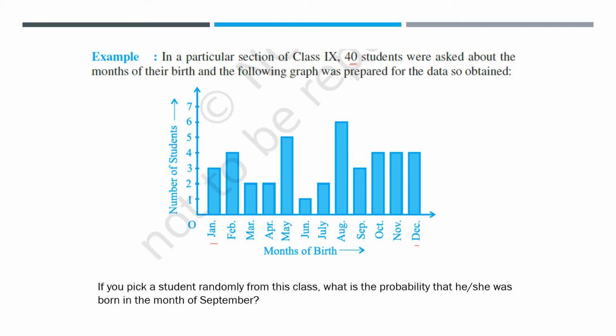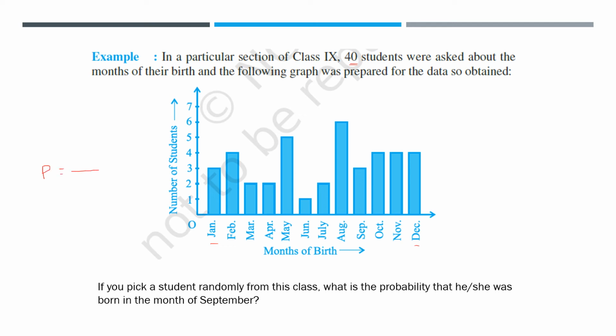All right. So this is an empirical probability problem because the data is given. And interestingly, the data is given in a graph here, not in simple numbers, but it doesn't matter. It's actually simple for us. The probability of a student randomly picked from this class being born in the month of September: let's write P equal to.